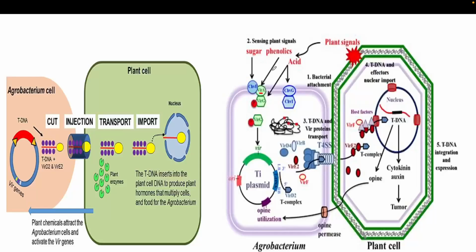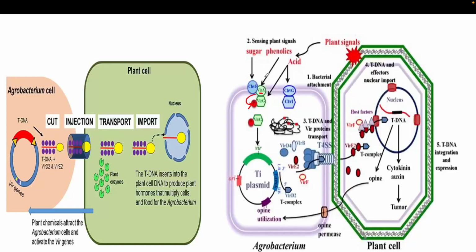After activation of virulence A, it will activate the virulence G gene. Once these two genes are activated, the virulence G gene goes to the cytoplasm and is responsible for the activation of other virulence genes. There are lots of virulence genes.